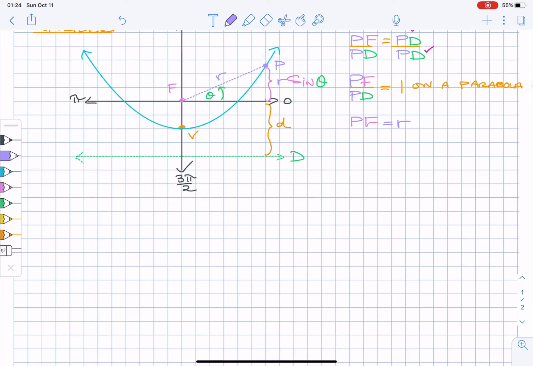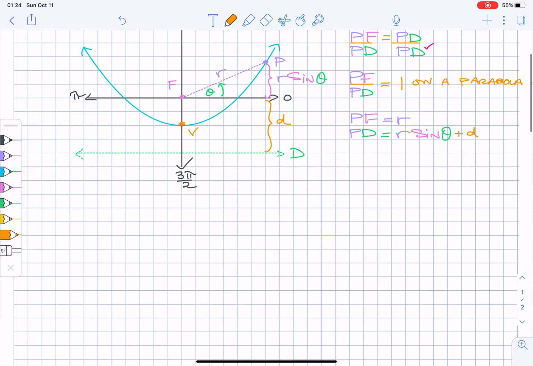But what about P to D? Let's consider P to D, and then we'll equate the two. I claim P to D is going to be r sine theta plus d, little d.